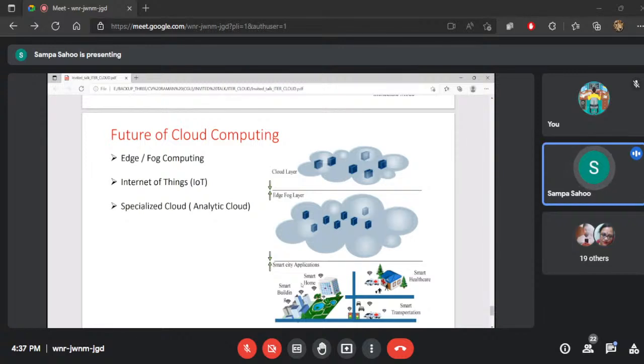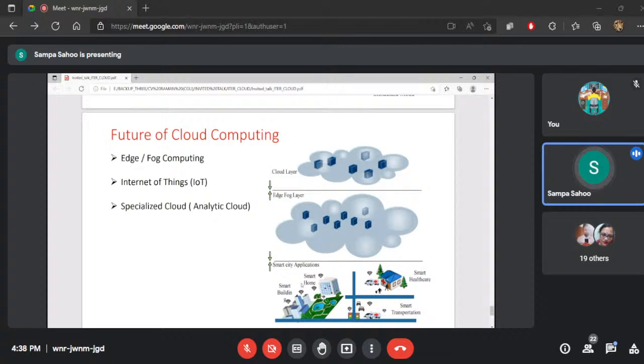In cloud computing, what happens? The servers are at remote places, so there will be a delay in the service, a delay to give a particular response.